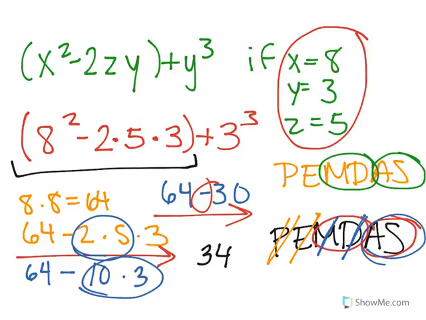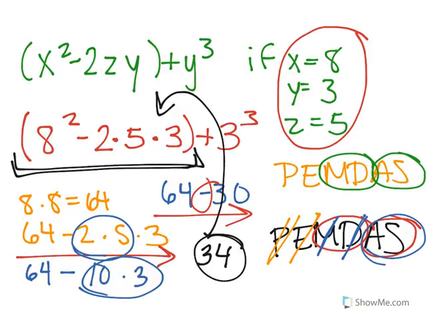However, remember that this is only the value inside the parentheses. So now, instead of having this whole thing inside the parentheses, we can replace this with a 34. So we have 34 plus 3 cubed, which is whatever was outside the parentheses.